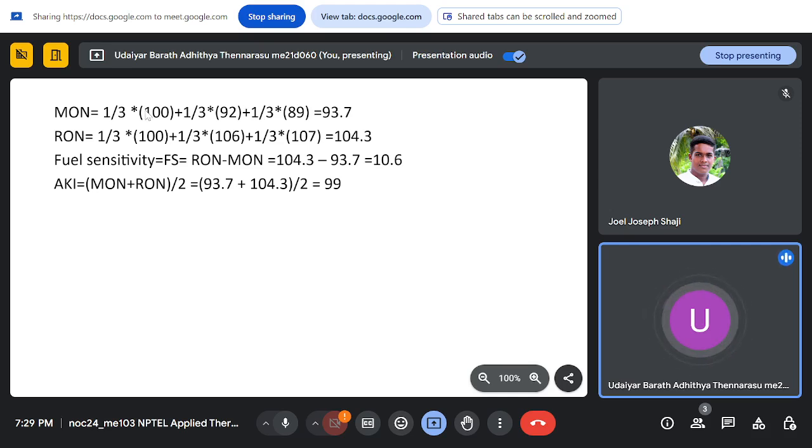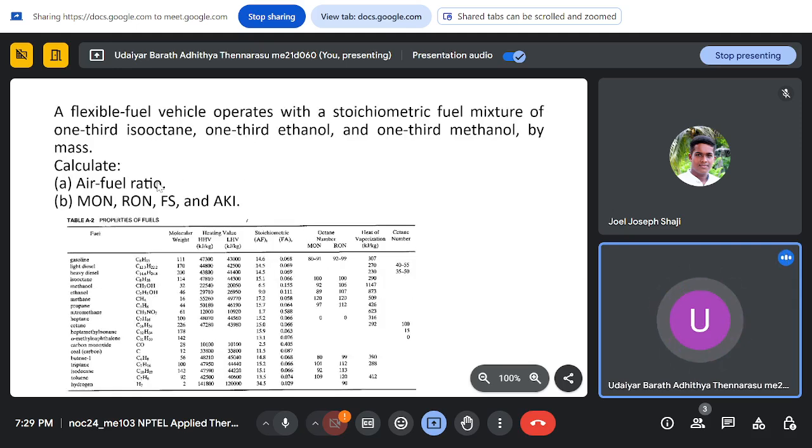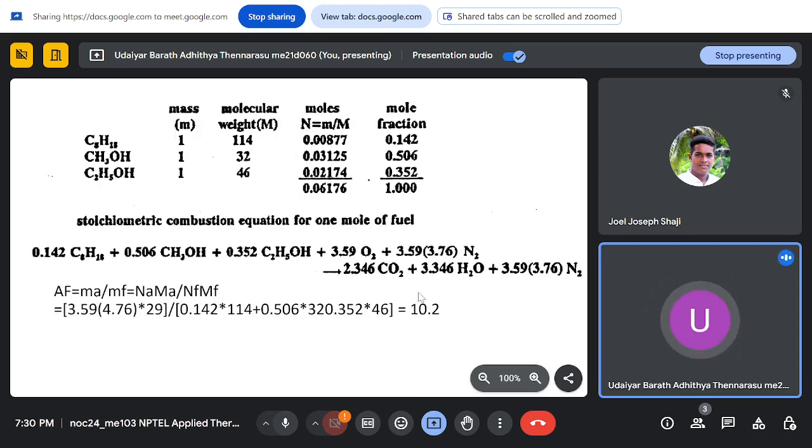Now we are having blends of fuel. India is trying to mix ethanol, and the coming engines are more capable of running with ethanol mixture. This is just an idea to show how you can compare. We have derived an expression.